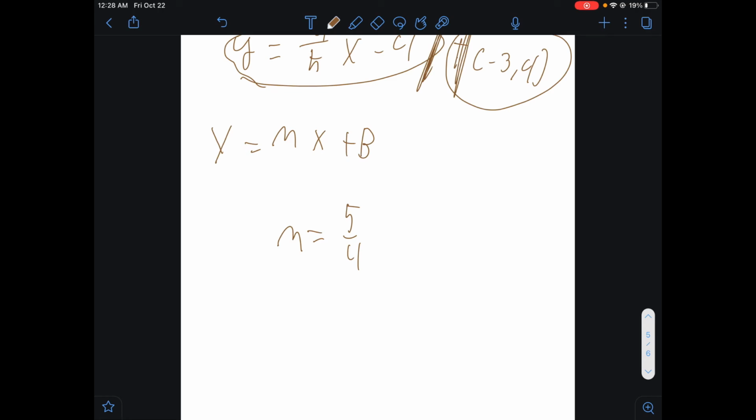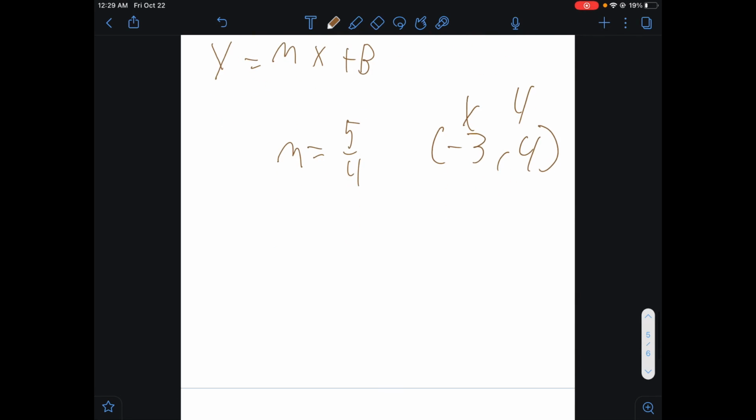After that, you find out 3, 4, the points that go through x and y. Now you have the parts of the equation. So you're gonna put y minus 4 equals 5 over 4 parentheses x minus parentheses 3, and there we have it.